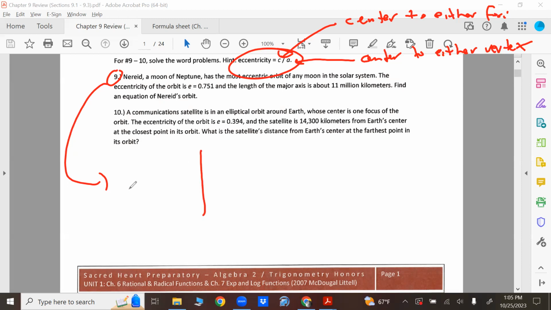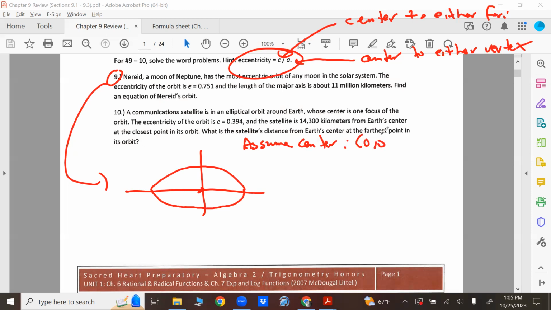Okay. So what I'm going to do, I'm going to put this orbit like this, where the center is at 0, 0. So force the center at 0, 0. That's going to make your life much easier. Assume the center is at 0, 0, okay? So the major axis is 11 million, and I'm going to make the major axis X too.